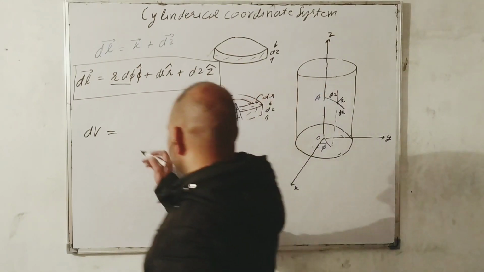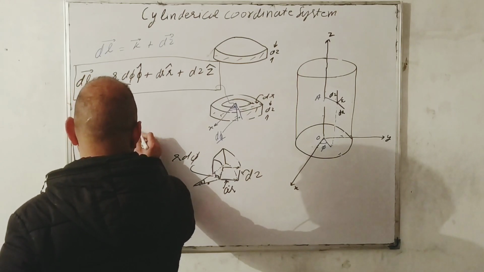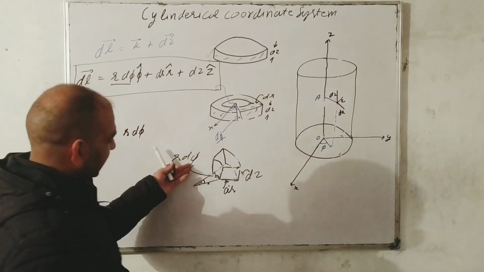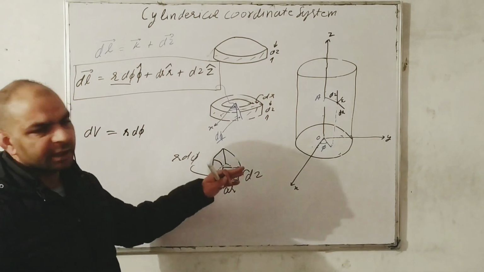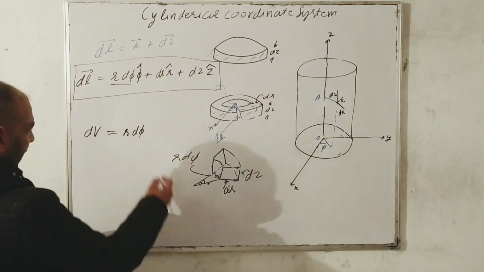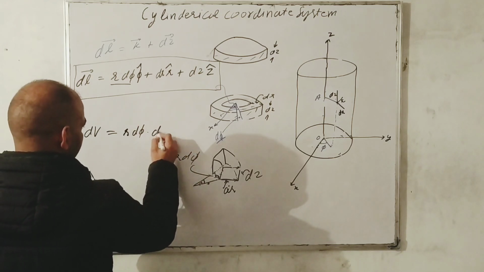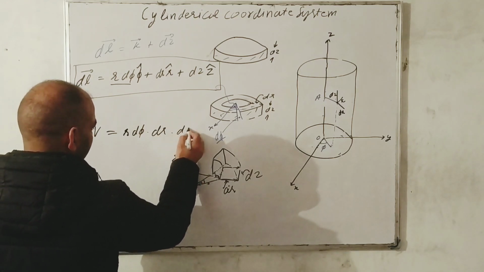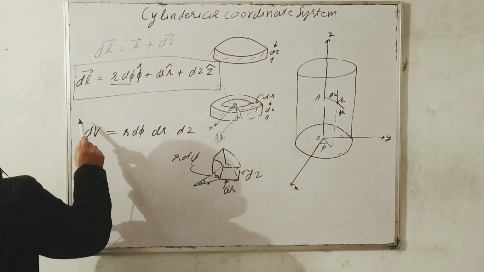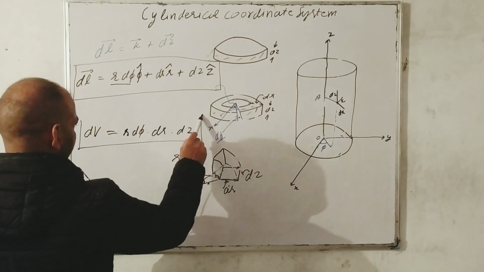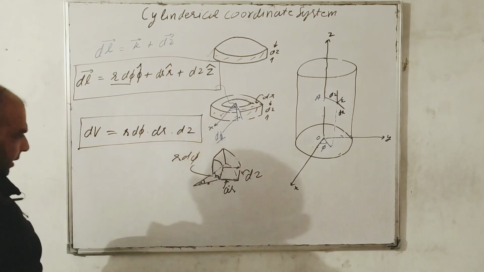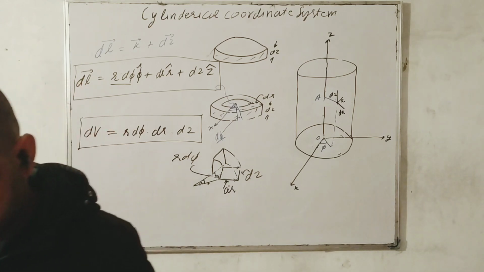So it will become r d phi, I am taking this one as length, you can take the others also, into dr into dz. So this is the volume element in the cylindrical coordinate system.